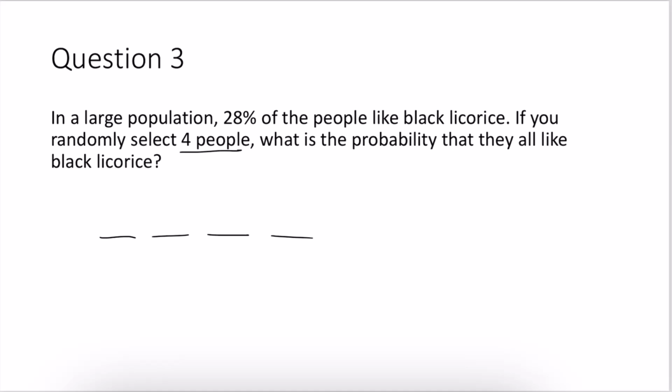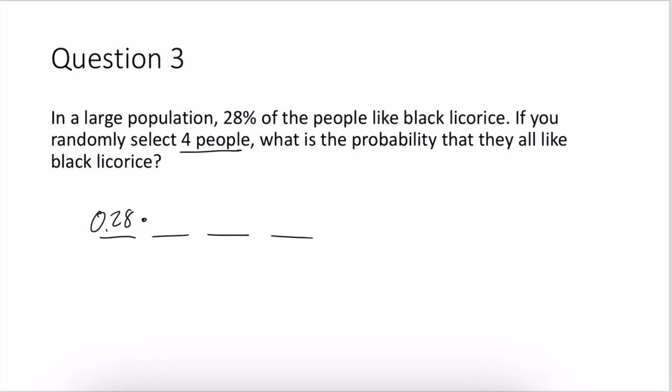Well, the probability that the first person likes black licorice is going to be 28% because 28% of the people in the entire population like black licorice. So we know that this one is going to be either 28,000 out of 100,000 or 2.8 million out of 10 million. We don't know what the number of people is, but we know that it's going to be 28%, which we can write as 0.28.